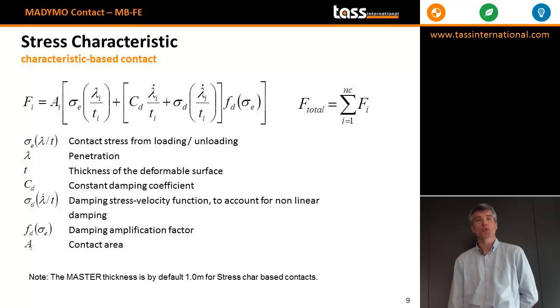So per node which is penetrating, you know the penetration and you know the thickness of that specific part of the contact. Well, those together provide you with the information how much strain is there located. And this strain is used to derive the stress for that node. And that is multiplied by the area, and due to that you have an individual contact force.